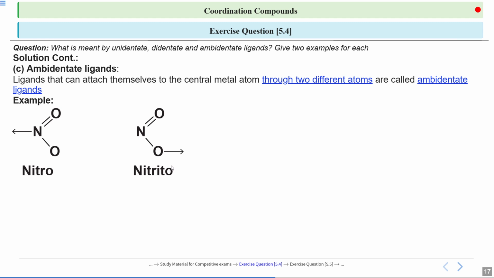So this is the example of ambidentate ligands: within the same ligand, two different atoms, nitrogen and oxygen, are present for attachment to the central metal atom. In nitro, the donor atom is nitrogen, and in nitrito, the donor atom is oxygen.